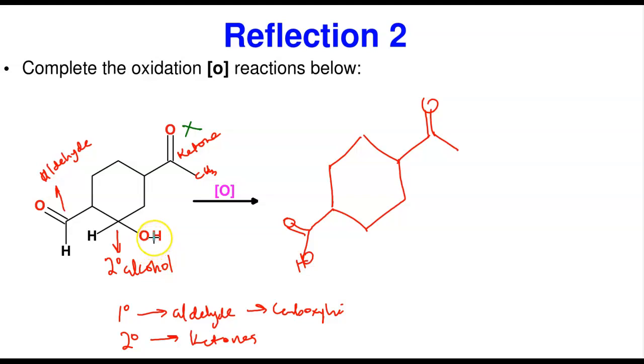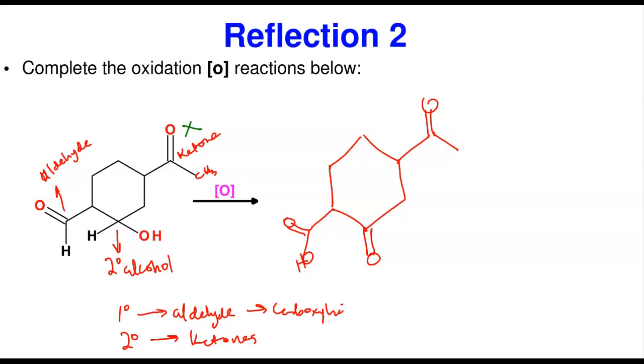What about this one? Remember what I told you. This is a secondary alcohol. Secondary alcohols will undergo what? Oxidation reaction to what? Ketones. So that's exactly what will happen. So we're going to put this here. So this becomes the completed reaction.